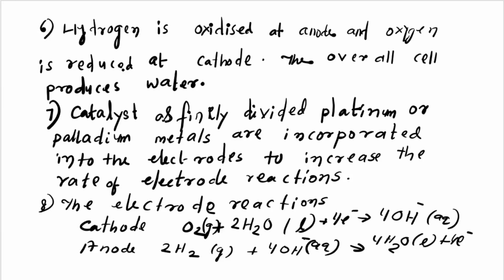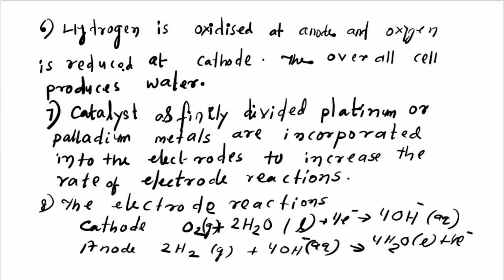Hydrogen is oxidized at the anode and oxygen is reduced at the cathode. Remember, hydrogen is oxidized at the anode, oxygen is reduced at the cathode. The overall cell produces water. Hydrogen and oxygen give water, which is very useful for drinking by the astronauts.